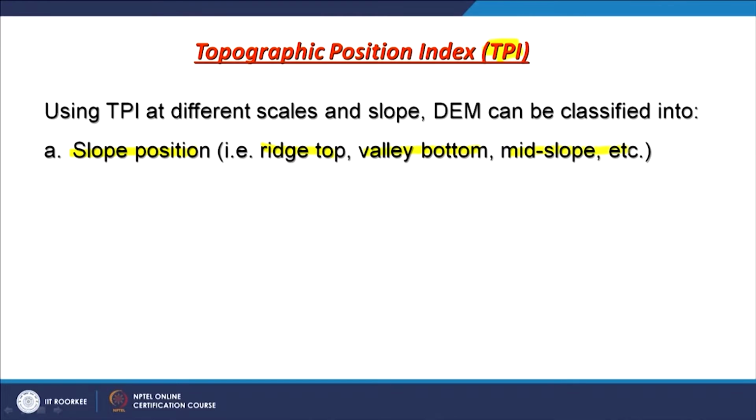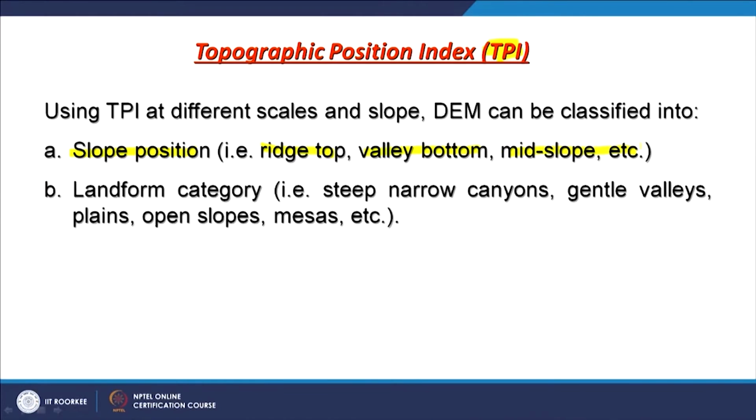So using TPI at different scales and slope, the DEM can be classified into different categories, like slope position, where we get ridge top, valley bottom and mid slope etc. Whereas if we define landform categories, then we get steep narrow canyons, gentle valleys, plains, open slopes and mesas etc. So if we are classifying using a landform category, then these would be the categories.